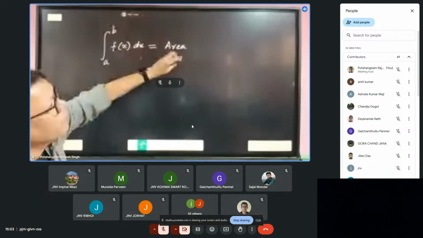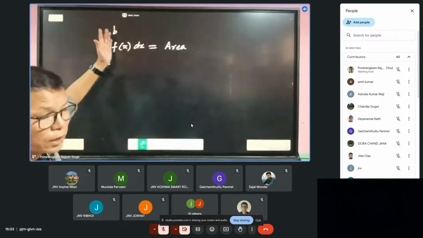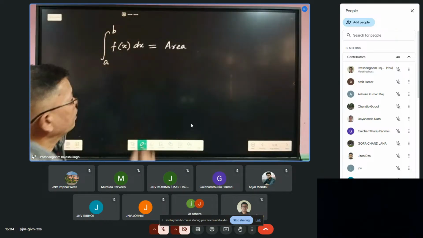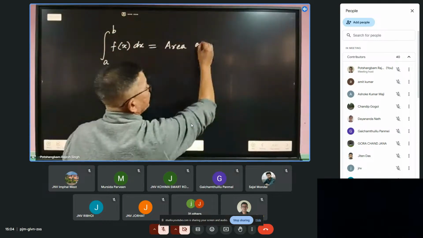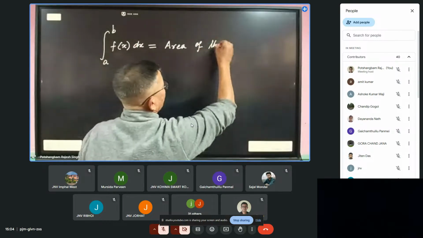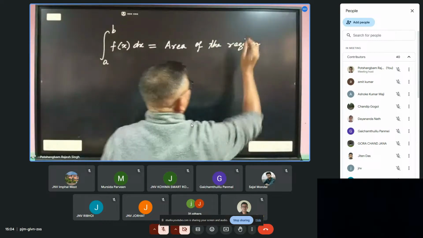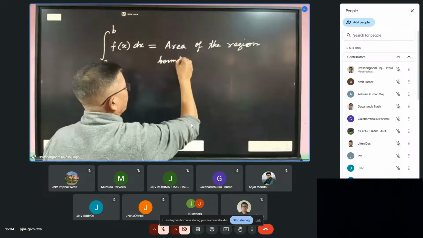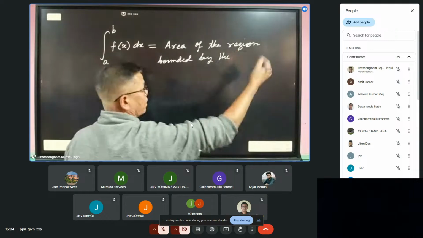What type of area of the region is going to be measured by this definite integration is required to be understood from our side. So this definite integration measures the area of the region bounded by the given curve.